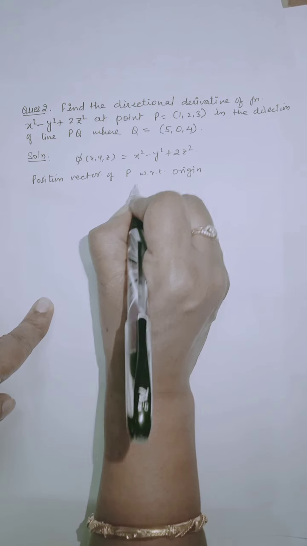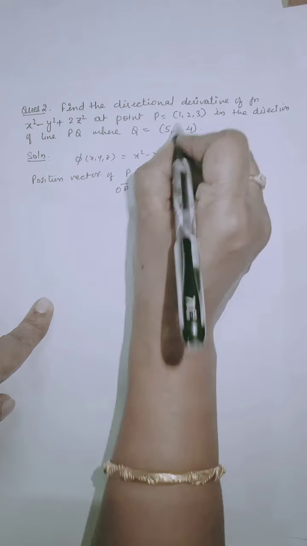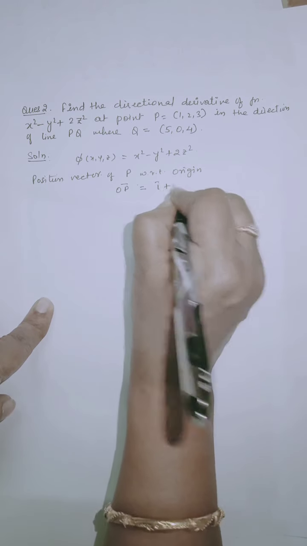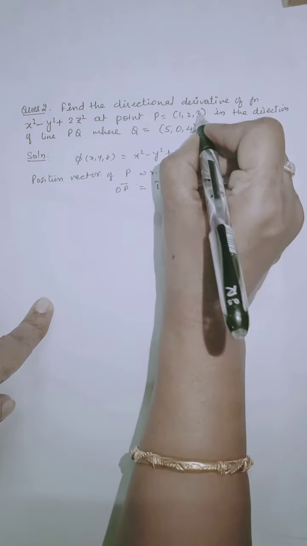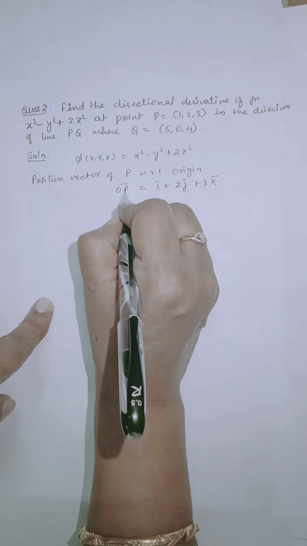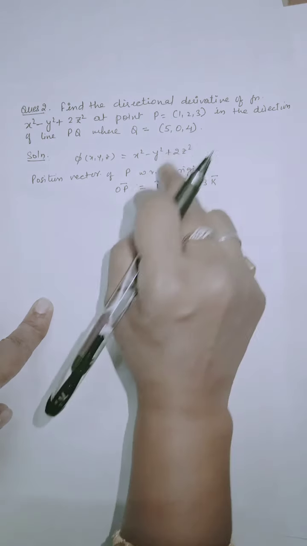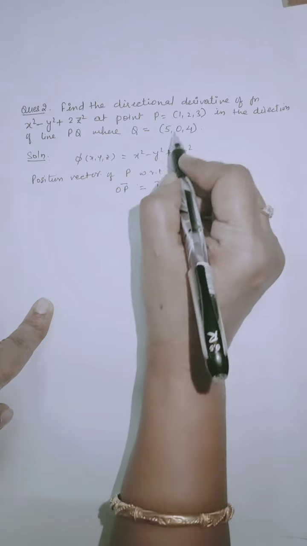This will be nothing but OP, which is equal to 1i plus 2j plus 3k, right? Remember, x1 minus 0, y1 minus 0, z1 minus 0, or whatever position coordinates you are having, you have to find with respect to origin.